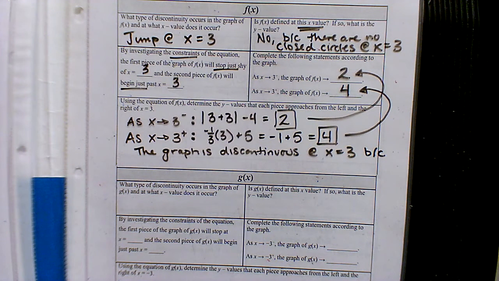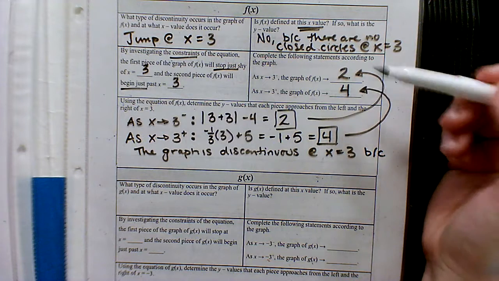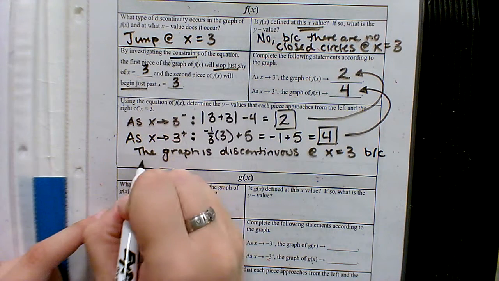Yes, you would have to lift up your pencil, but what is causing that to happen? How do you want to phrase it? What do you think, Isaiah? The two graphs don't touch, okay? The two sides don't meet, something like that, okay?